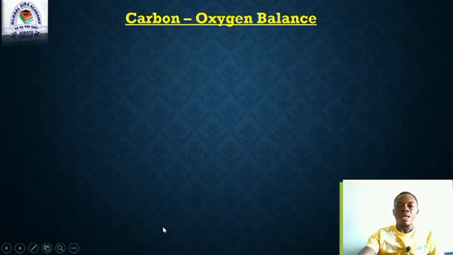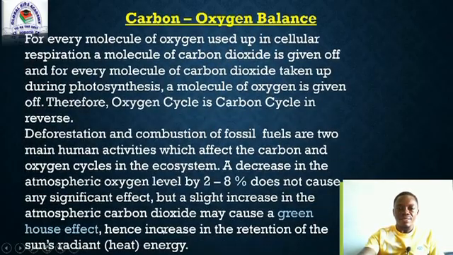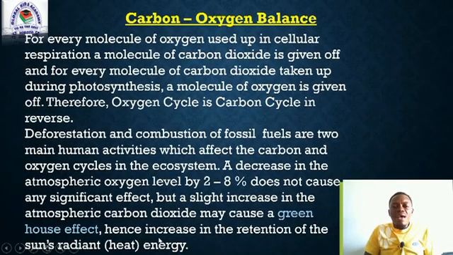Carbon-oxygen balance. For every molecule of oxygen used up in cellular respiration, a molecule of carbon dioxide is given off. And for every molecule of carbon dioxide taken in during photosynthesis, a molecule of oxygen is given off. Therefore, the oxygen cycle is the carbon cycle in return.